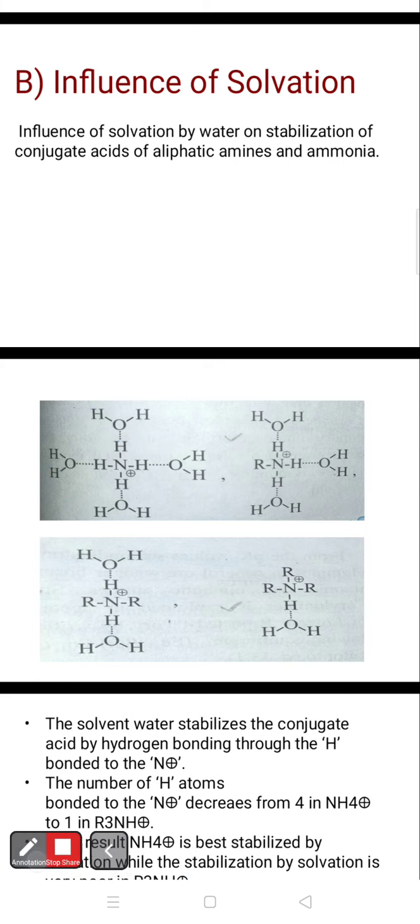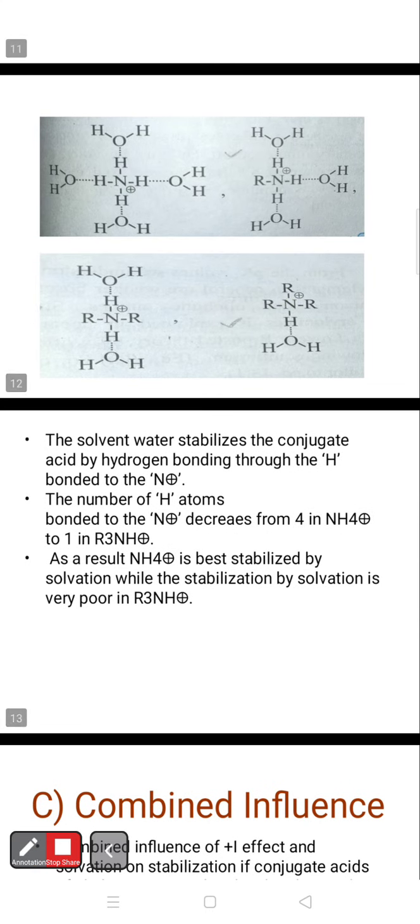That's why when we add solvent water, the water molecules show stability to the conjugate acid by hydrogen bonding through the hydrogen bonded to the nitrogen atom, and that bonding is clearly shown in all these four pictures in a dotted manner.